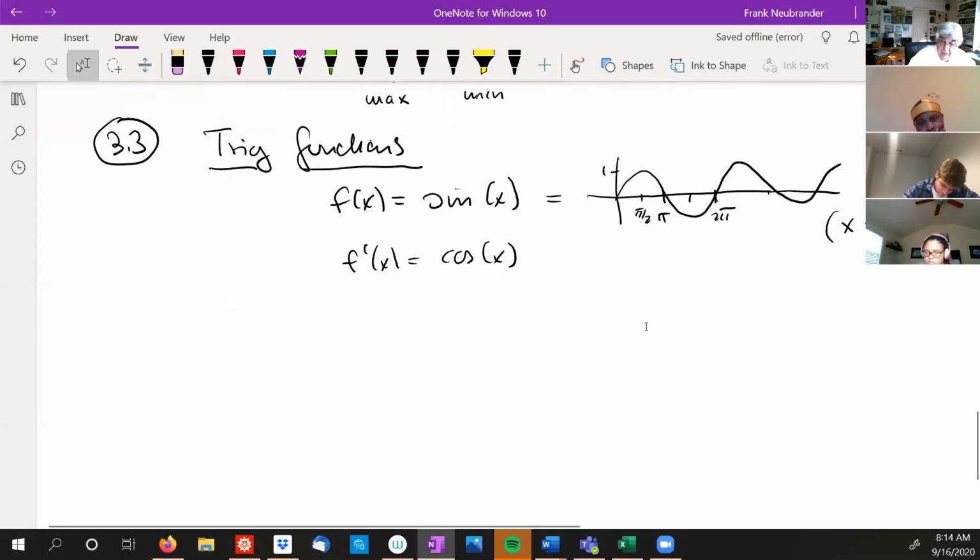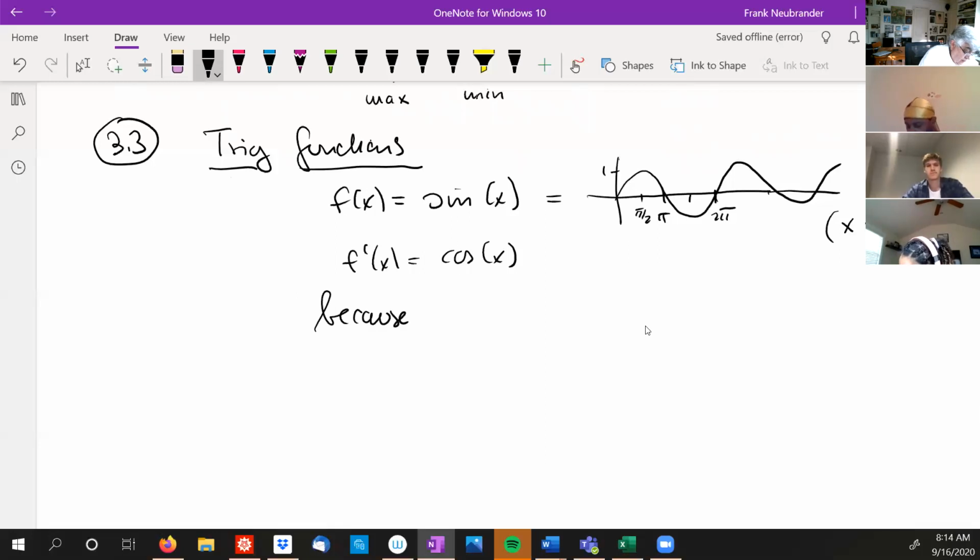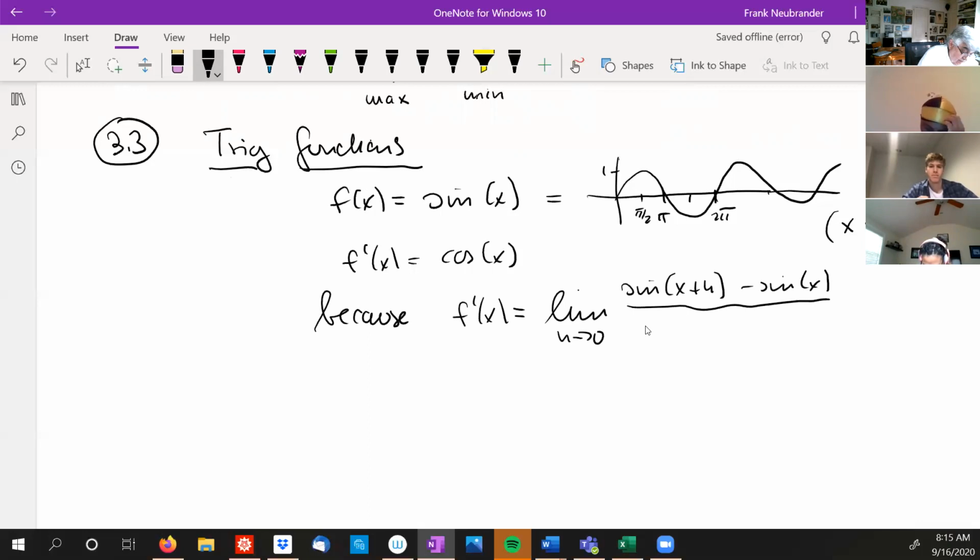And why is this true? In this case, we don't do algebra. In this case, we have to do now some trigonometry.